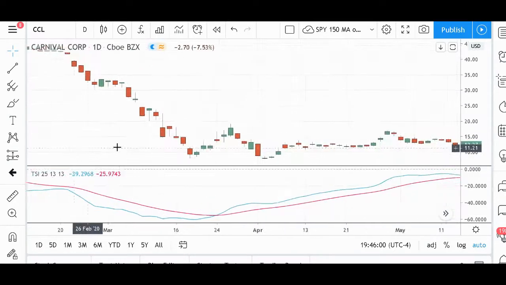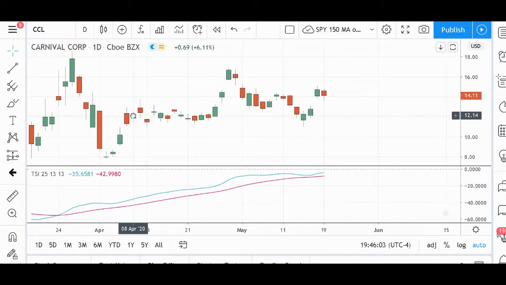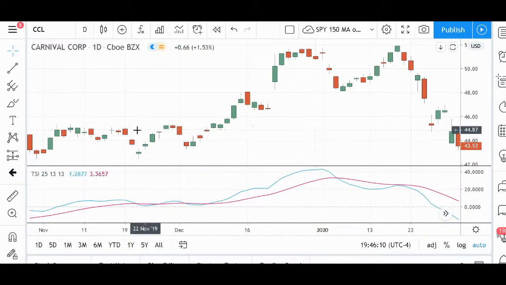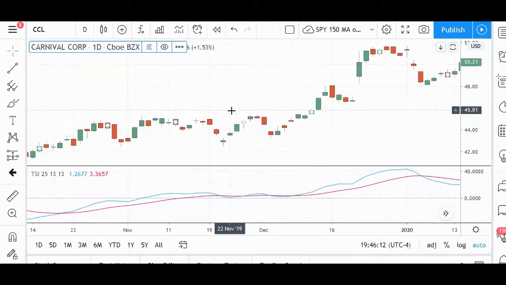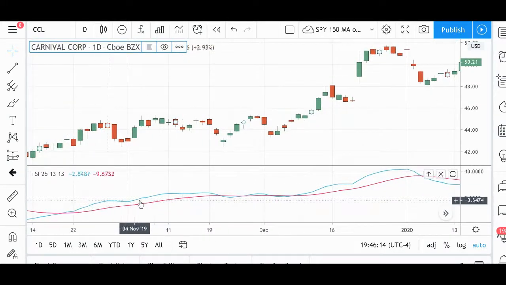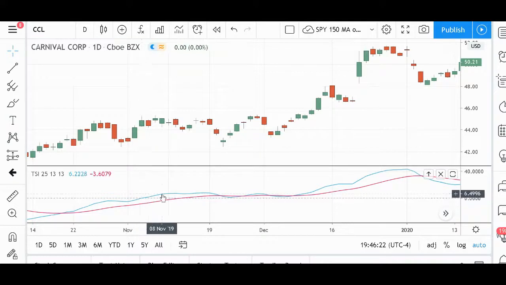Okay. And so what about upwards? Well, we can see it works going upwards as well. Still not above 0 here, though. Let me try to find an example of going, there it is, going above 0. Look at the blue line. It was below 0, but now going above it. And so when that happens, you can say there's a change in the momentum from negative to potentially positive.